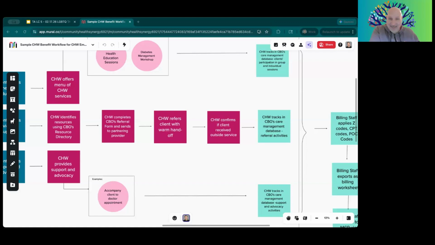So if you justify with your data the needs of your population, and tie it to how you can help that health plan improve their measures, the health measures they're struggling with, that's something we really want to emphasize.